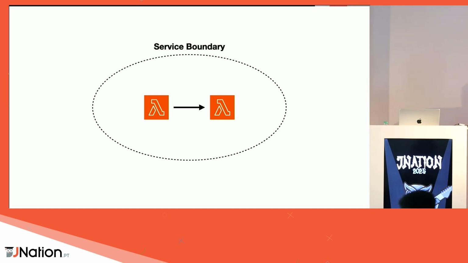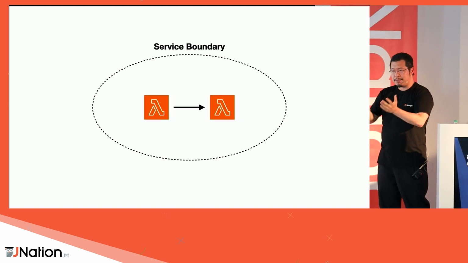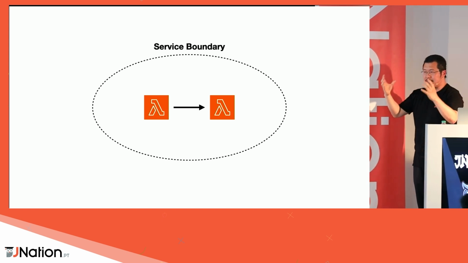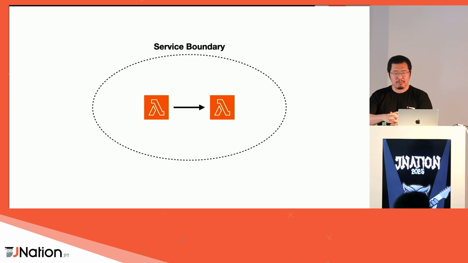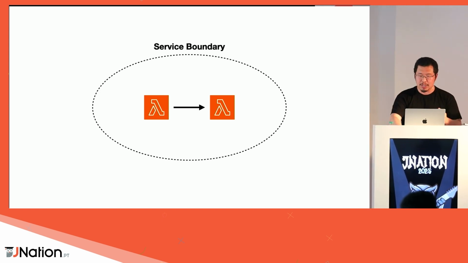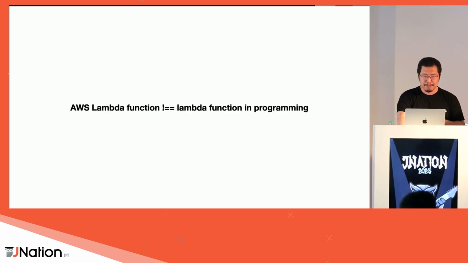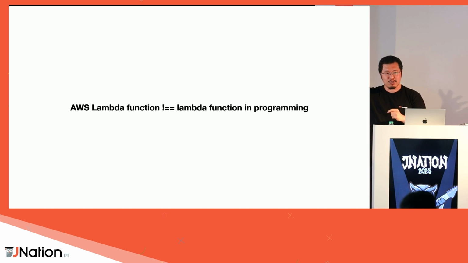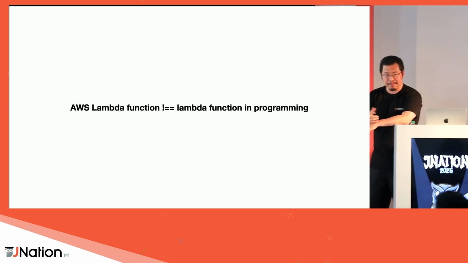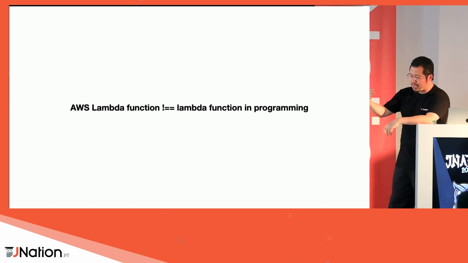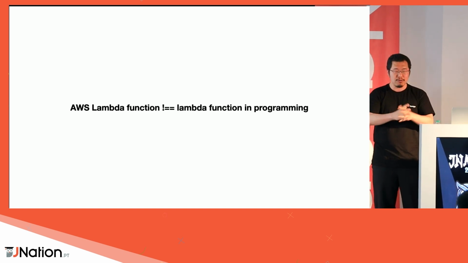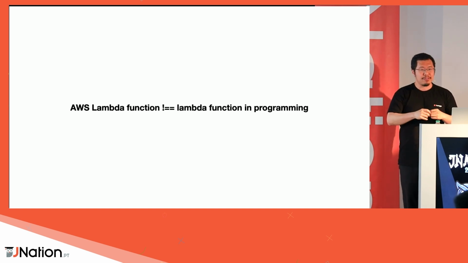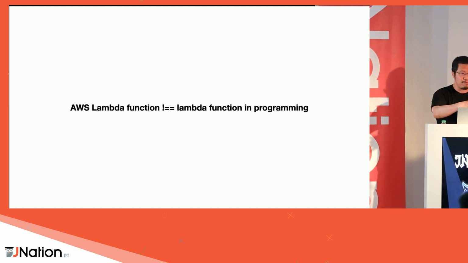And oftentimes this happens within the team's service boundary. If you think about DDD and the domain and bounded context, so within a boundary of one domain, maybe even within one service, I often see this because people are confusing Lambda functions, the infrastructure pieces, with functions in programming. So I've seen people go to extremes where they encapsulate the code at the Lambda function level, even though you can still have code level modularity.